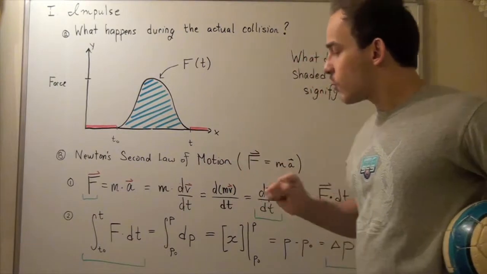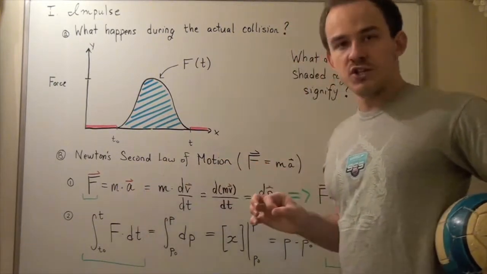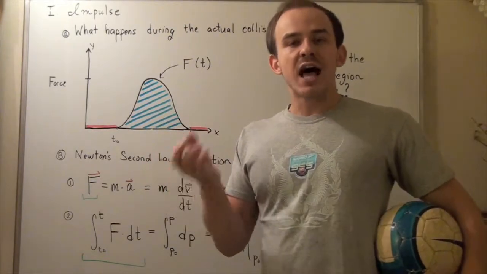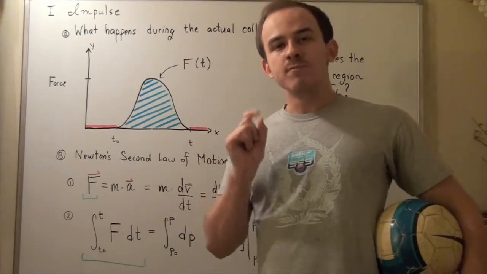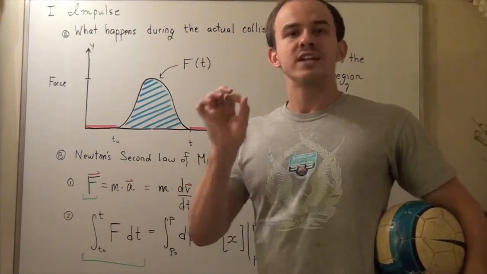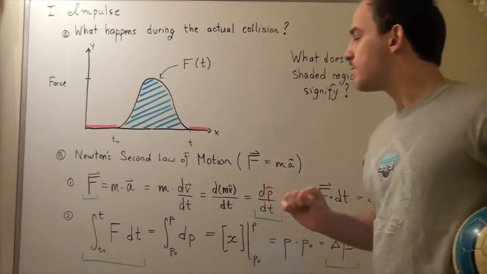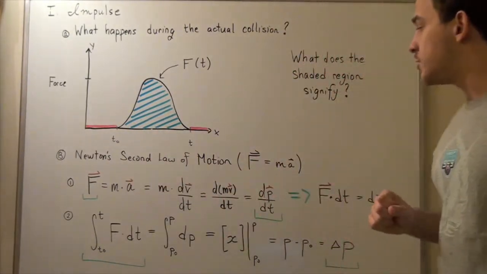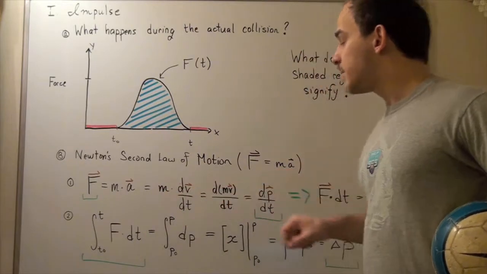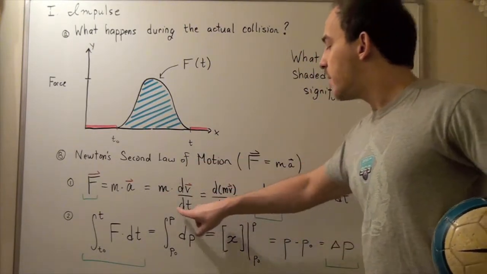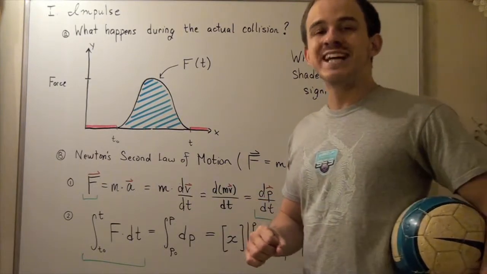Now let's recall for a second what acceleration is. By definition, acceleration is the change in velocity over change in time. And more specifically, it's an infinitely small change in velocity over an infinitely small change in time. So let's plug that definition into my acceleration, and I get mass multiplied by an infinitely small change in velocity divided by an infinitely small change in time.